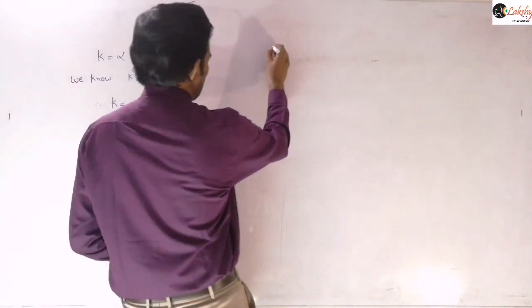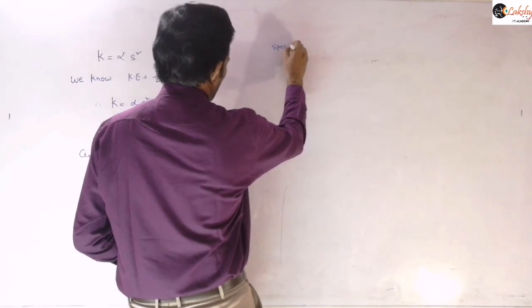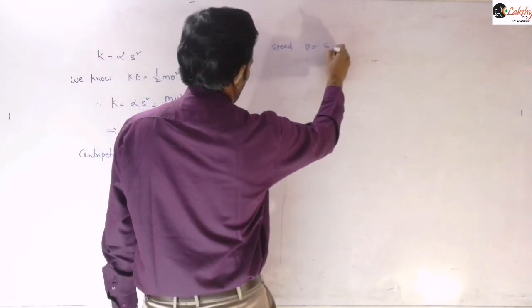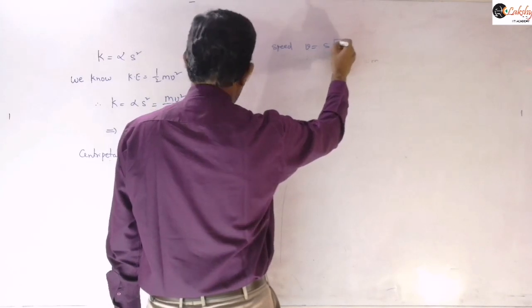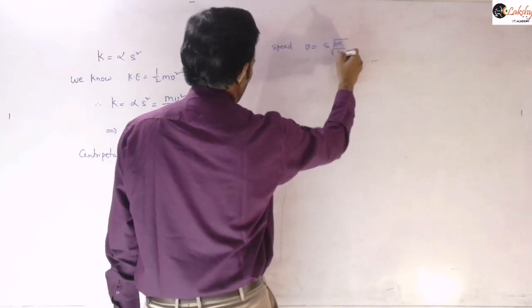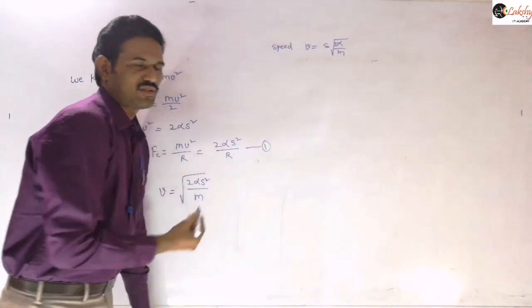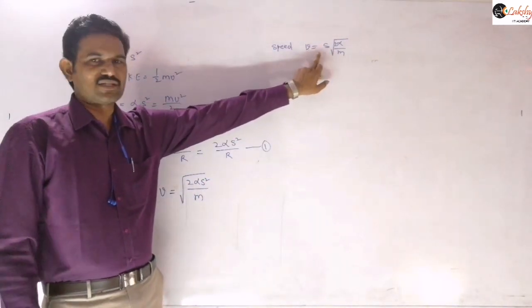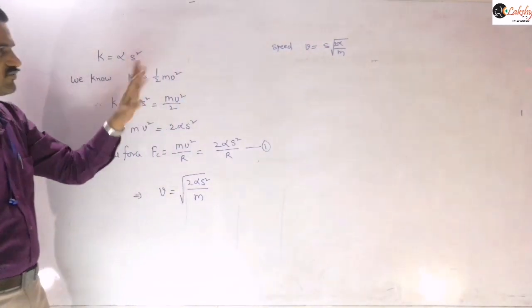Or we can write this as speed of the particle v is equal to s into under root of alpha into 2 alpha by m. The 2 alpha by m is a constant. So now the speed of the particle is also a variable, because it depends on the distance traveled, like the kinetic energy of the particle.